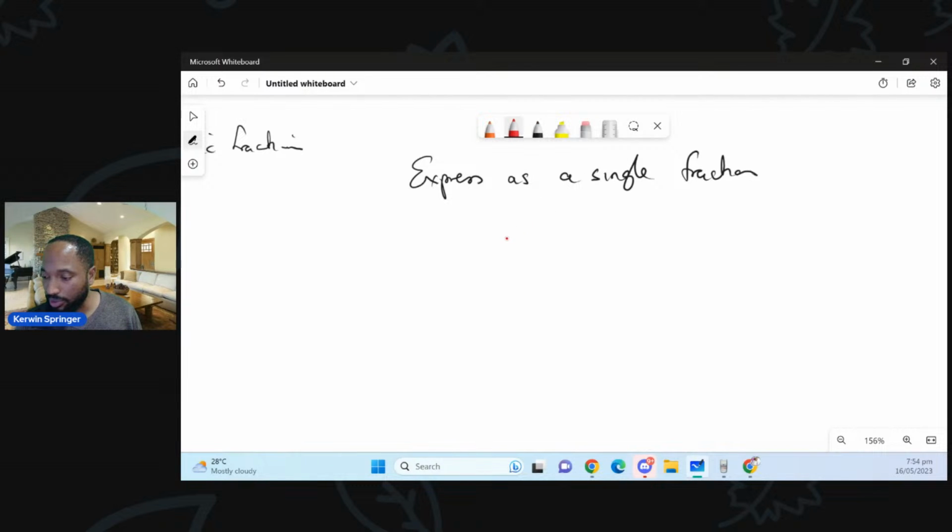And you saw something like 3x plus 1 over 6 minus x over 8, plus x minus 1 over 8. And you express this as a single fraction. Do you have that? Have that loaded up, people?